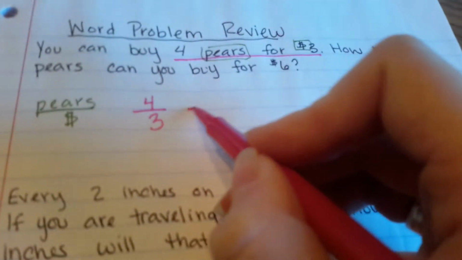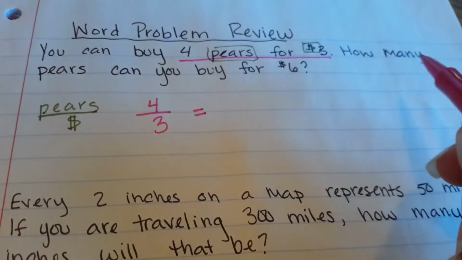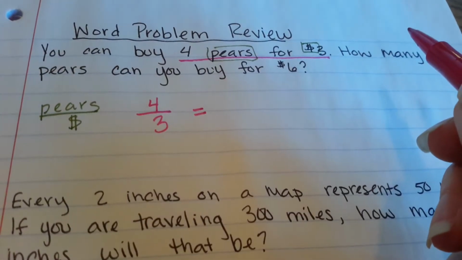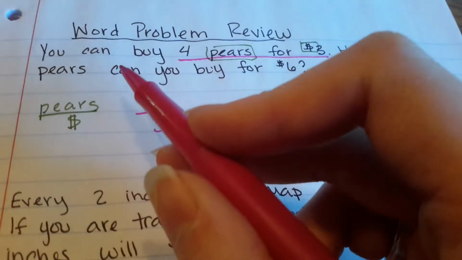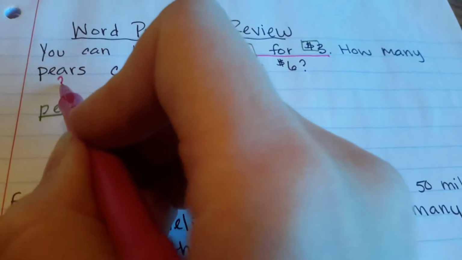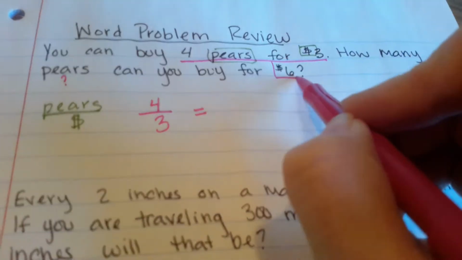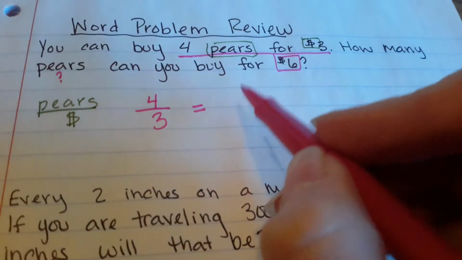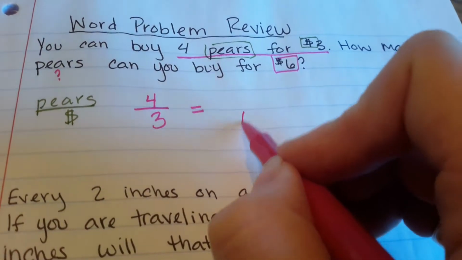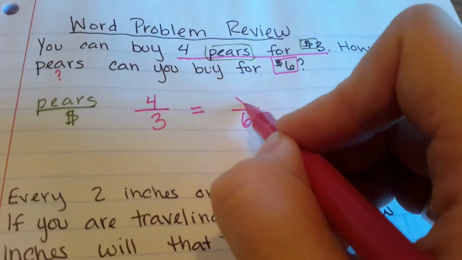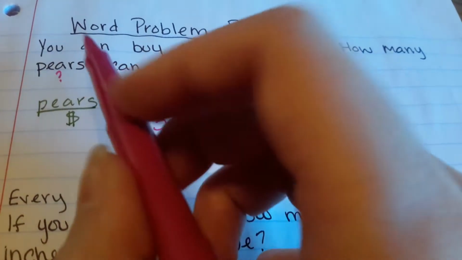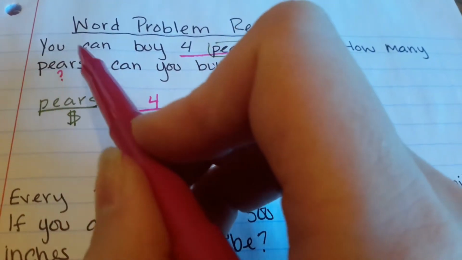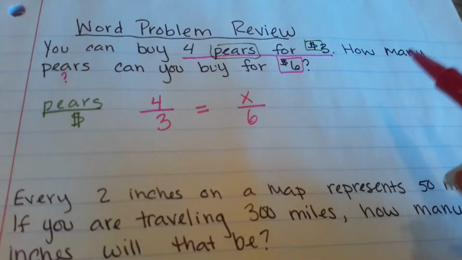Then we need to go back to our problem, and we're going to be given one more piece of information. How many pears, so this we don't know, can you buy for $6? Dollars is on the bottom in the denominator, so 6 is going to go in the denominator. And X is in the top with pears, and that's our missing piece of information. We're trying to figure out how many pears.